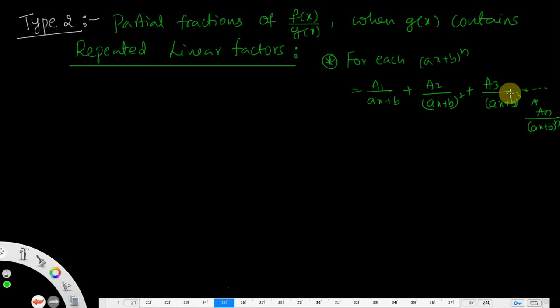In the first exercise, problem 7.1 that we started, the first bit is over, type 1. Now go to question number 3, resolve into partial fractions by method.